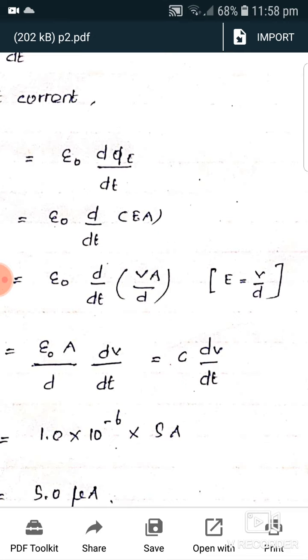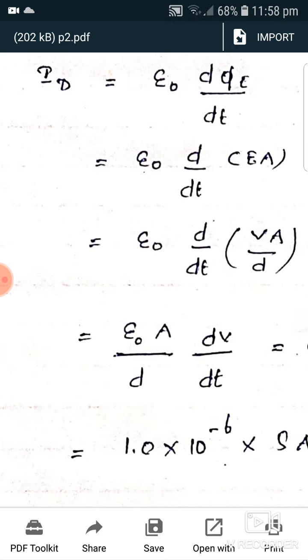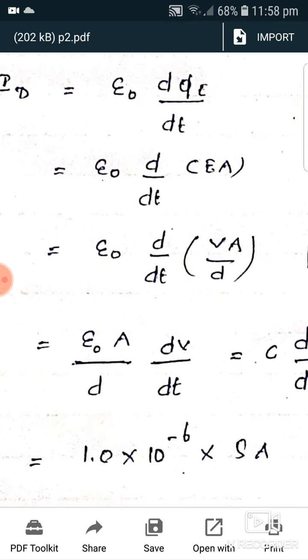Once you substitute the value of E in the above equation, it becomes ε0 d/dt. Here E is replaced by V/D, that is, the electric potential difference divided by the distance between the two parallel plates, and then the area.